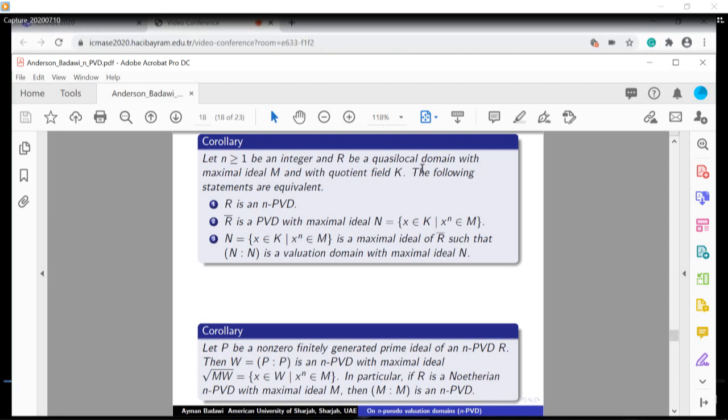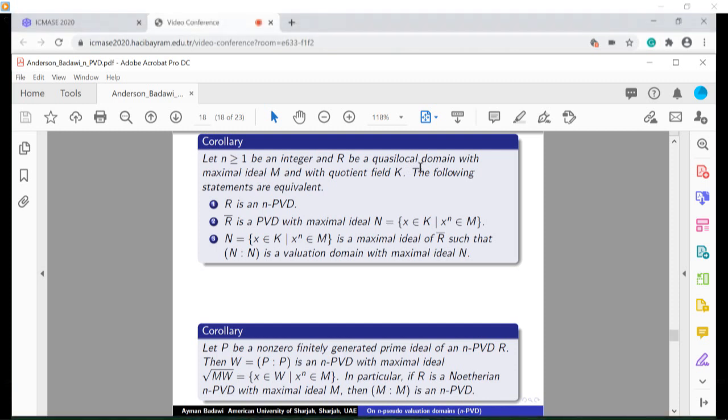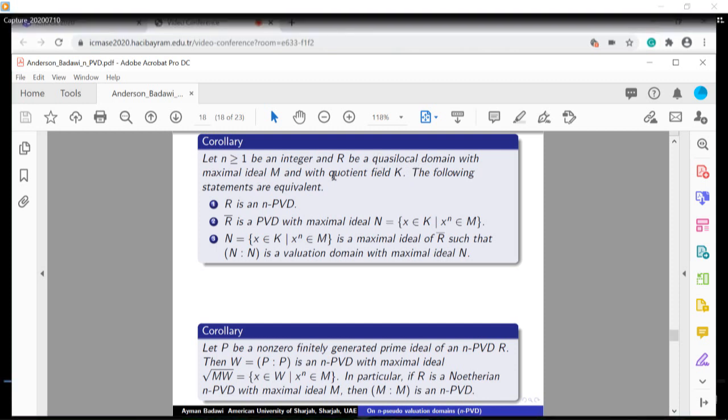But for me, a local domain means one maximal ideal and Noetherian. But here, I'm not saying R has to be Noetherian. This, I think, was used by Kaplansky and others. Gilmer used quasi-local, but many authors call it local.